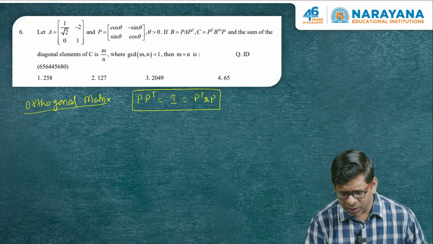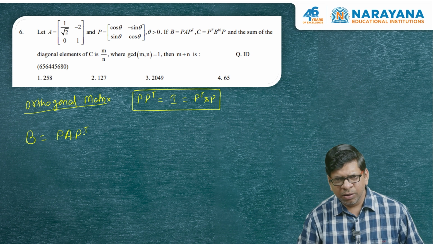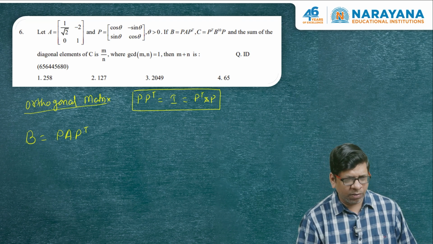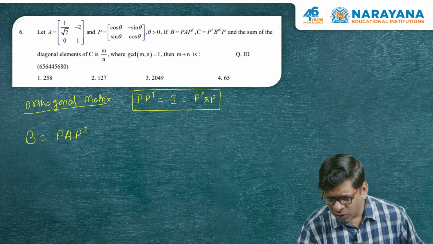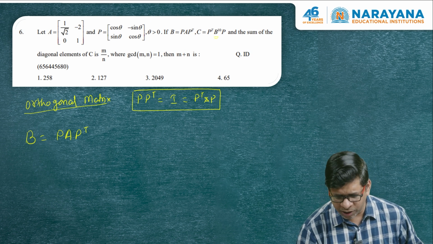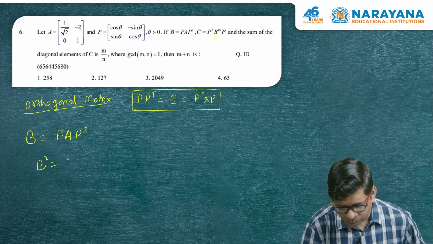Now what they are asking is, they have given you matrix B, which is P A P transpose, where students can kill their time finding B. Actually, we don't need to find B. We have to simplify for B, because we require B power 10 as per the given question. So what is B square?